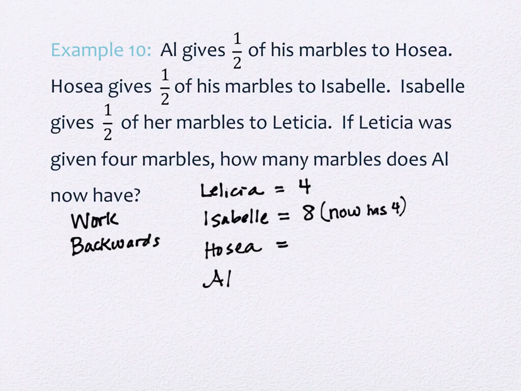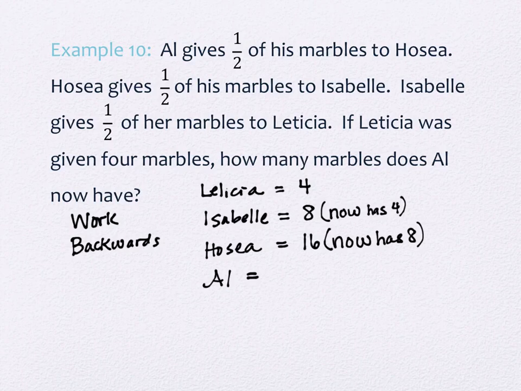Now, those 8 marbles came from Hosea. Hosea gave Isabel half of what he had. Well, that meant he would have had to have 16 because he has half of those, namely 8, that he gives to Isabel. But once he takes his 16, he gives half of them away. He now has 8. And then we have Al.